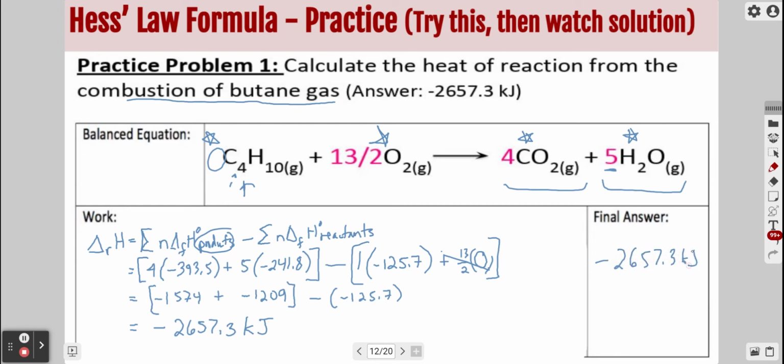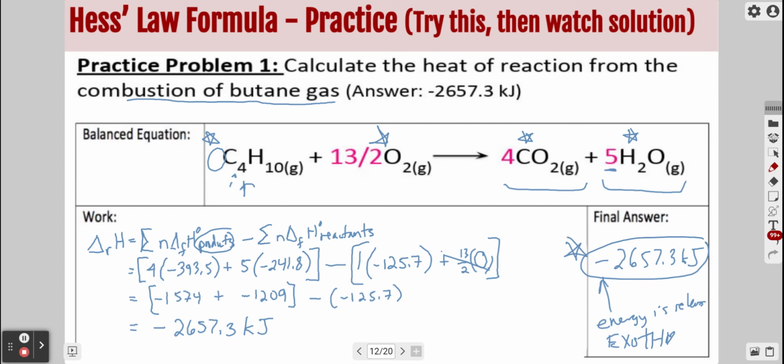So our final answer is negative 2,657.3 kilojoules. And something I did not remember to mention before, if your answer is negative, that means energy is released, and it's therefore an exothermic reaction. Okay, so that's the amount of energy. If you were to burn 1 mole of methane, this is how much energy you're going to release.